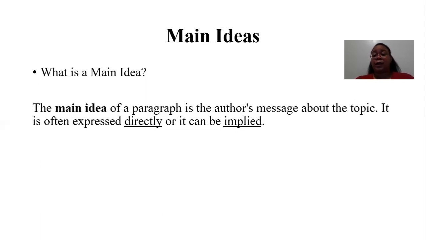So we know that a fire truck is red. So if we read a sentence that said, the flower is the same color as a fire truck, then we already know that that flower is red. That is what it means when it says it's implied. It'll give you a clue of what it is, but it doesn't directly tell you what it is.